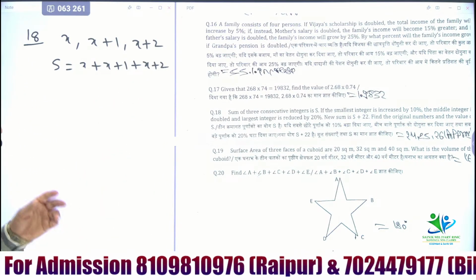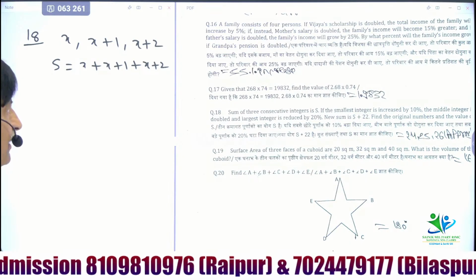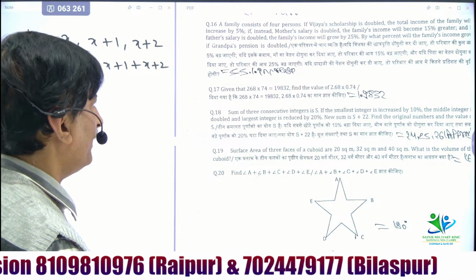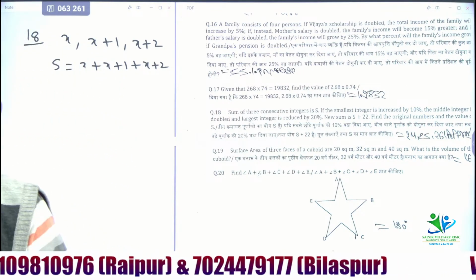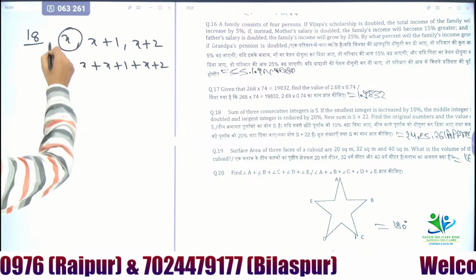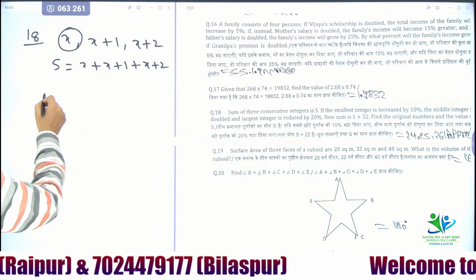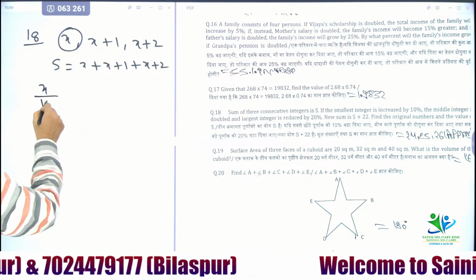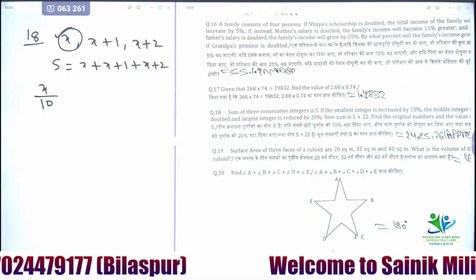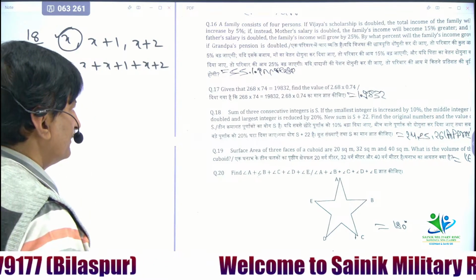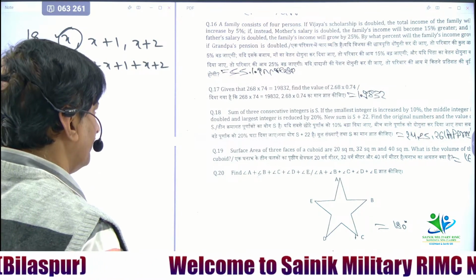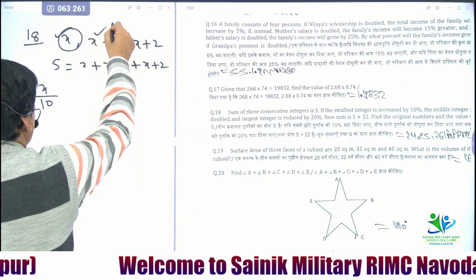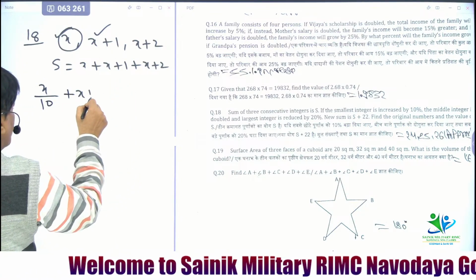But one condition is given here. The smallest integer is increased by 10%. That means the increase is x upon 10, 10% of this one. And the second one, the middle one, is doubled. Doubled, that means x plus 1 is the increase.